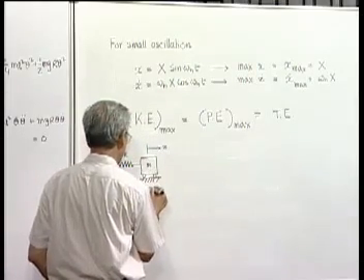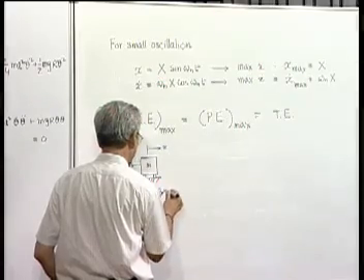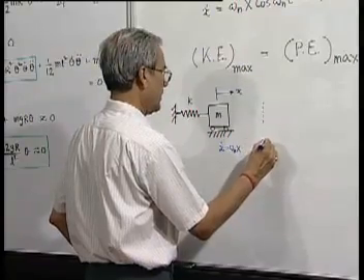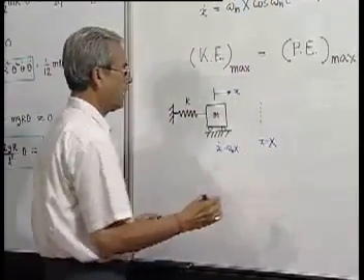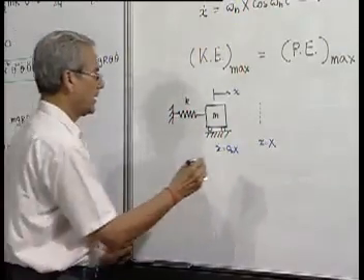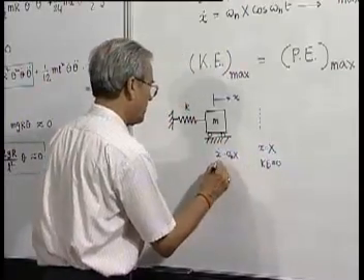At this location, x dot is equal to omega n X, and when it goes to the extreme end, here x is equal to X, when Pe is maximum, Ke is 0, and here Pe is 0.